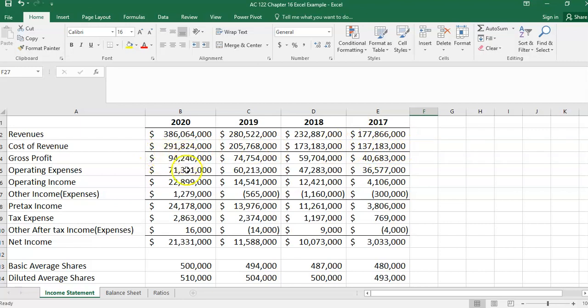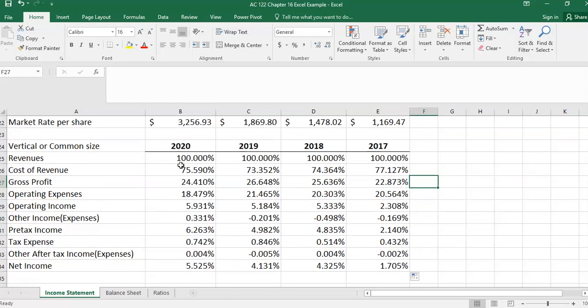When we're just looking at dollar amounts, it can be difficult to tell whether those dollar amounts are significant changes or not. But if we change them to percentages, we can see that we actually have a pretty regular pattern for how much our cost of goods sold and our gross profit is in relationship to sales. We can see that in 2020, we have reduced some operating expenses, but otherwise we stay fairly consistent across all of the years.